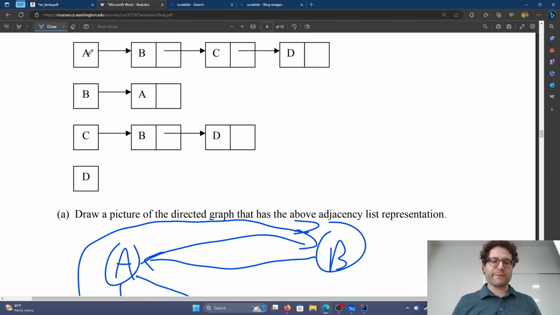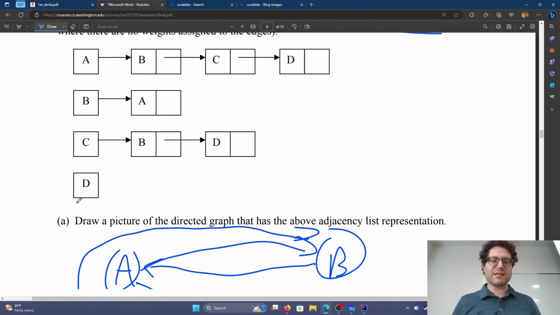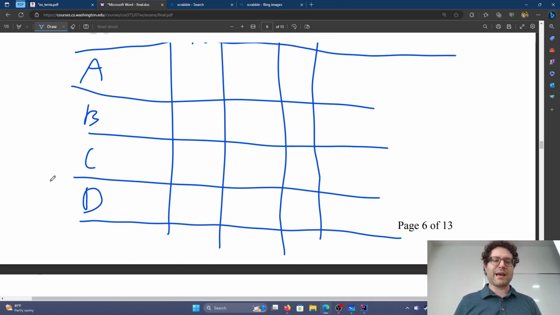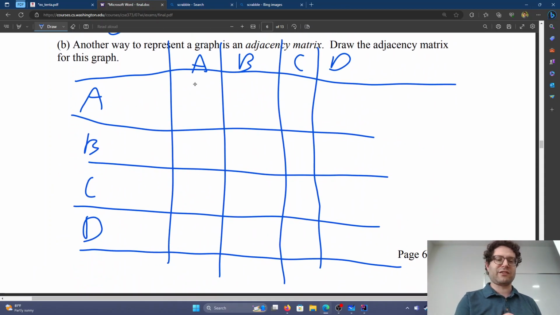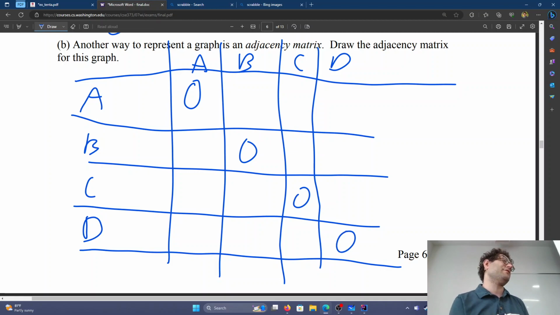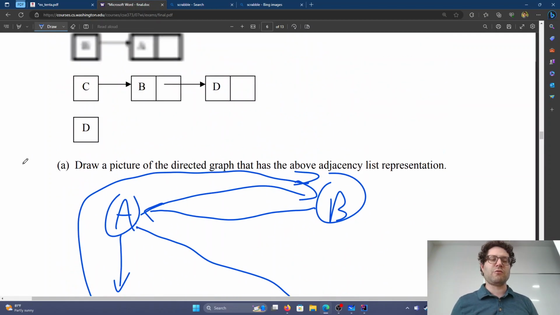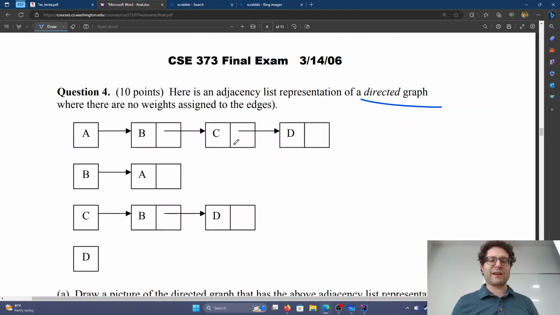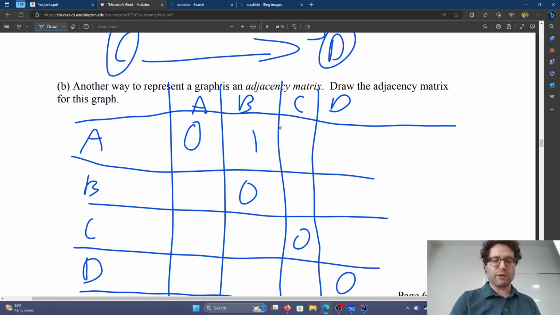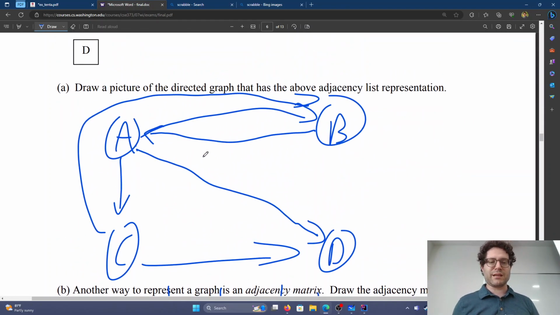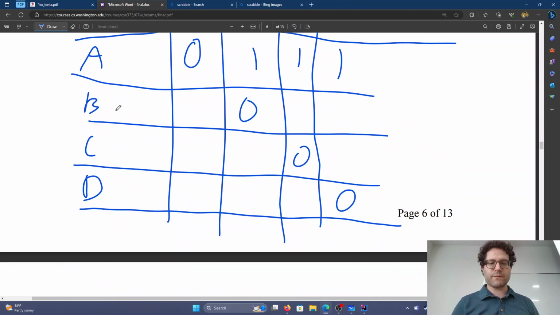So first off, A, B, C, D. Nobody has an edge to themselves. That is actually something you can technically do, but because nobody has an edge to themselves, no worries there. Now we'll just go row by row. A is connected to B, C, and D. 1, 1, 1. B is connected to A. 1, and then nothing else.